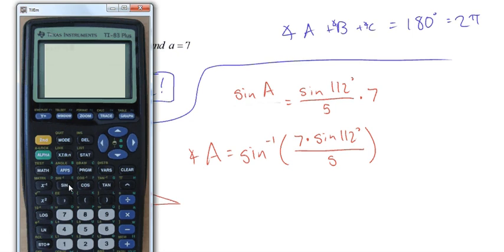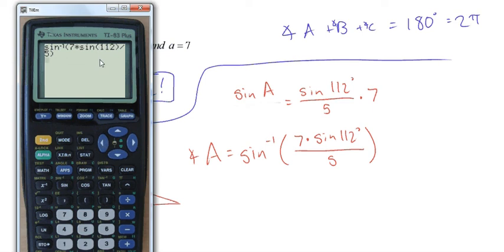So the inverse sine, 7 times the sine of 112 degrees divided by 5, close parentheses. Where am I hitting it wrong? Oh, that's why we're having problems. It's not actually possible.